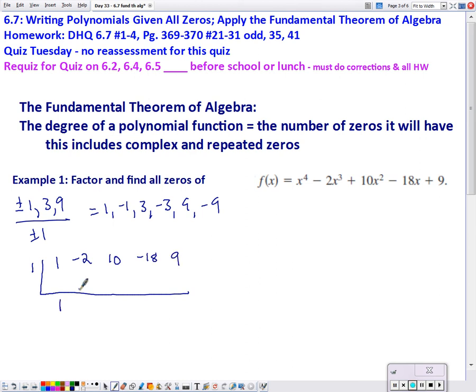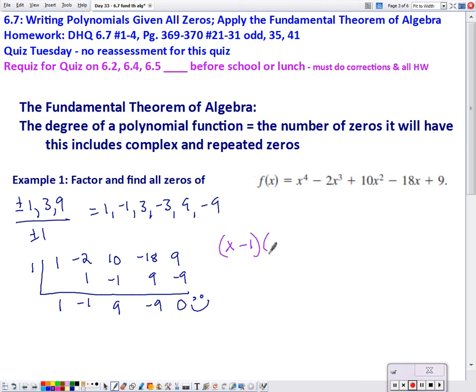So drop the first one, multiply across, add down, multiply across, add down, multiply across, add down. Sweet! First one worked. So we now know that x minus 1 is our first factor.